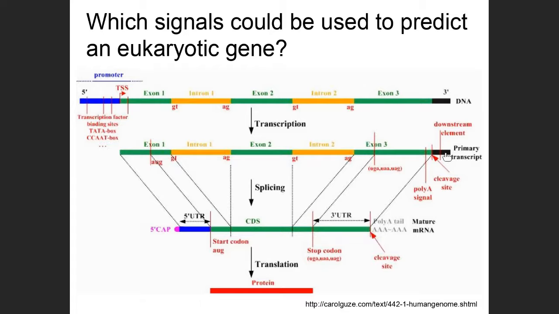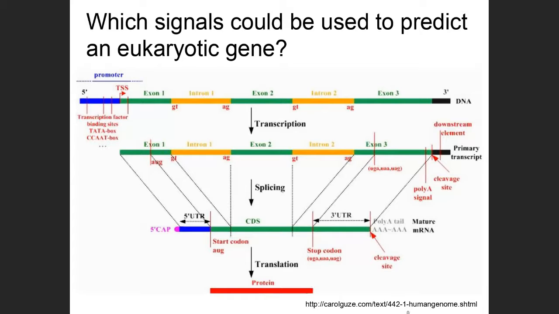Instead of being translated, this part gets cut off, and then the cell puts a bunch of A's here. It's called the poly-A tail. And then the ribosome is going to read the exons. It will not translate the 5' UTR. The parts that it reads and puts the corresponding amino acid for, that's what forms your protein.